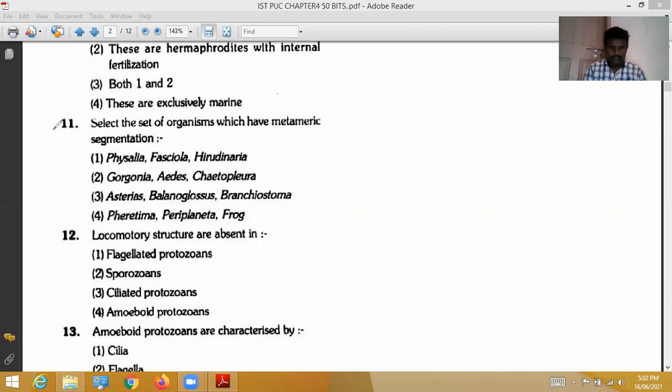Next question. 11th question, select the set of organisms which have metameric segmentation.